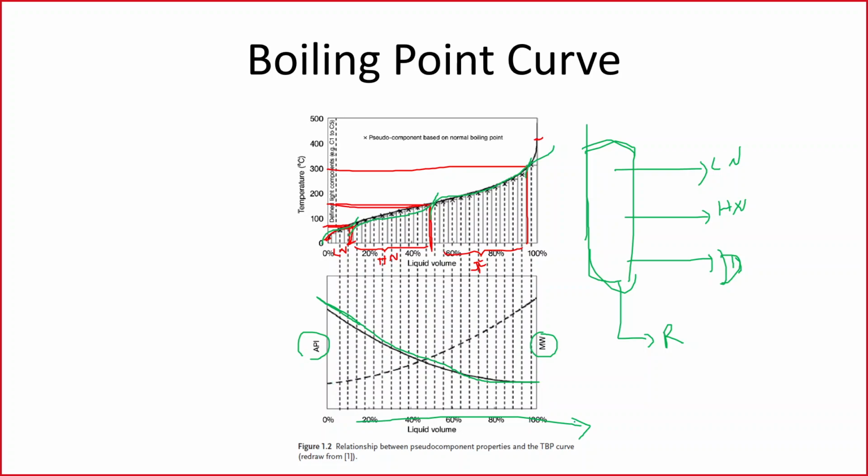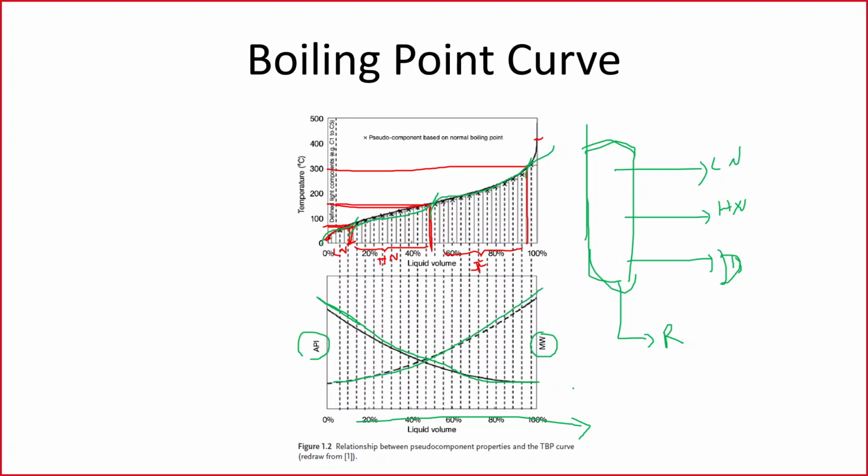The heavier it becomes, the more carbons in it, and as we know, carbon is 12 times heavier than hydrogen, so you will get higher and higher values of molecular mass. So this is the molecular mass graph.